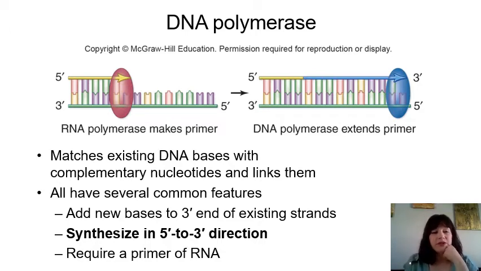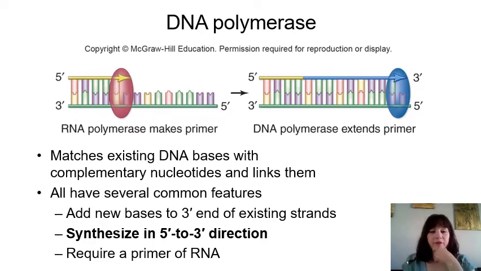This primer is kind of like a flag telling the DNA polymerase, this is where you need to start. So even though you're copying DNA, a small portion of it, this RNA primer, is temporarily there. You've got RNA temporarily in the new strand. Once the polymerase is done, that RNA gets removed from the primer area and replaced with DNA.